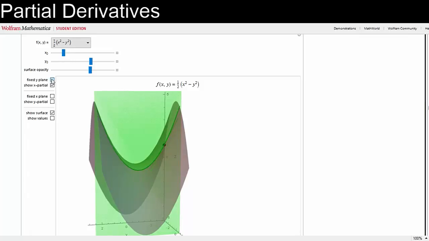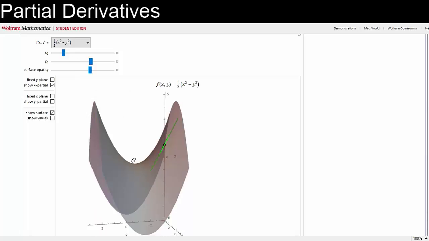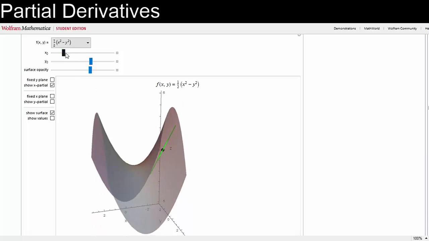Right? So let's see it without the plane here. You can see it's the slope of that line. That's df dx. So here, let's bring in the values, and you can see what happens as x changes.